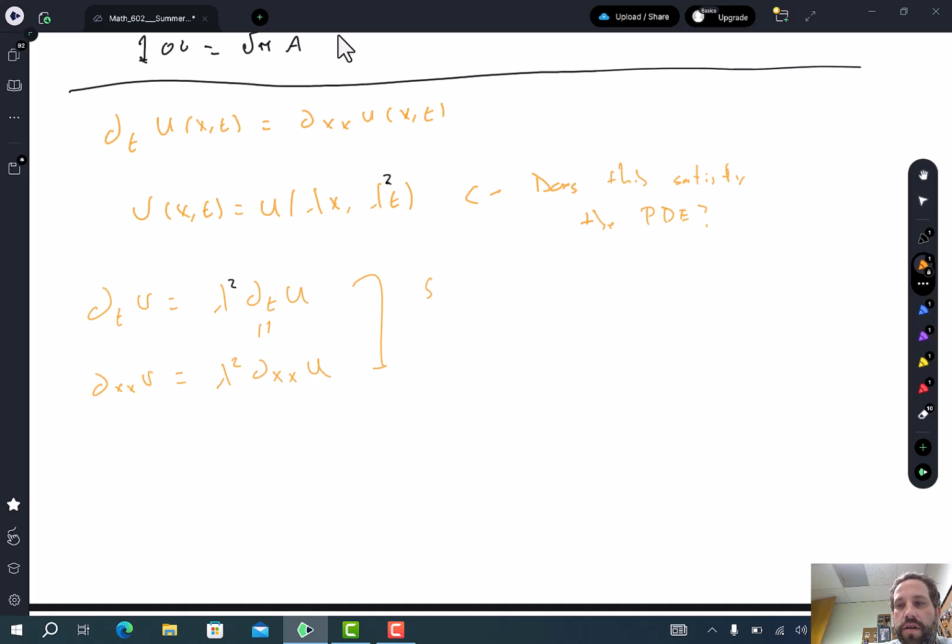So if u of x,t is a solution, then v of x,t equals u of lambda x, lambda squared t is a solution.